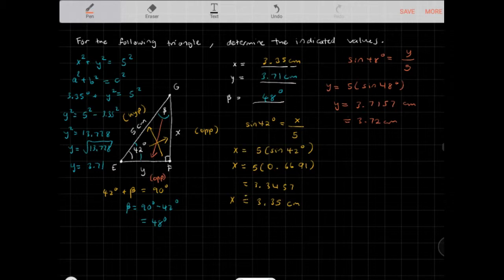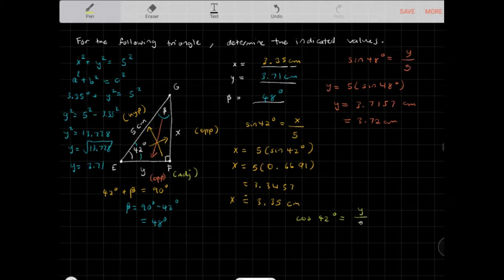We can also use the 42 degrees to solve for y by using cosine. Let's see that. I'm going to show you that it gives you the same value. If I do cosine 42 degrees, then it's the adjacent side, so this becomes the adjacent side, right?